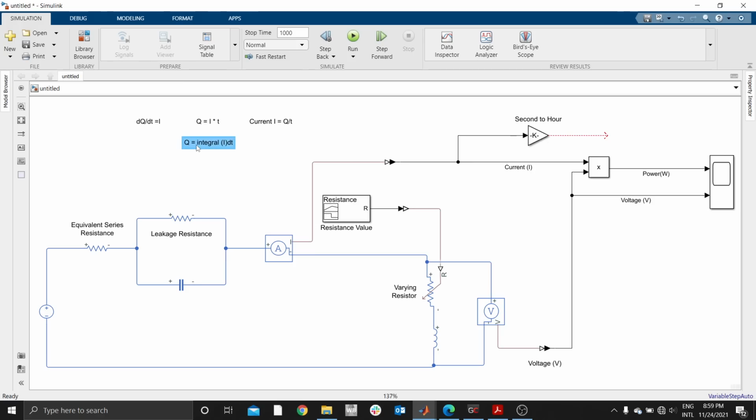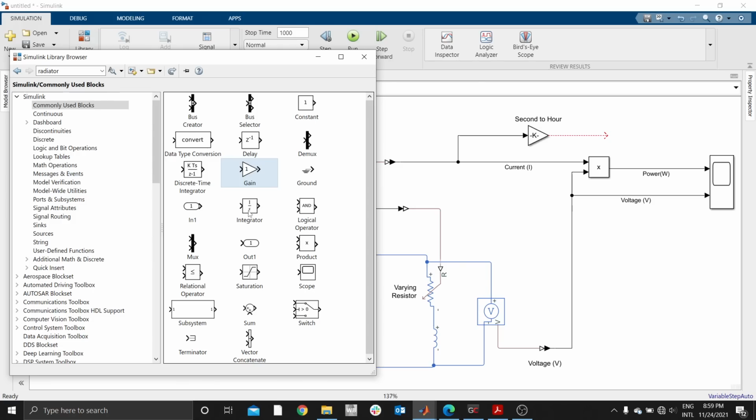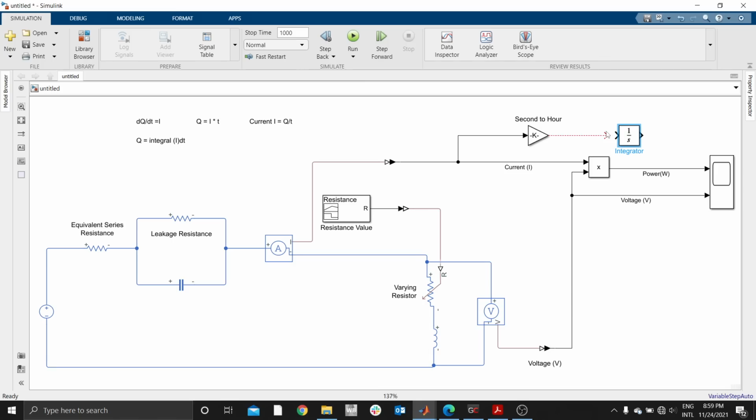I hope you have understood the concept. Just know that Q equals IT, but for us to get now the charge here, we need to integrate current with respect to time. Okay, therefore you go back to the browser. I'll use integrator 1/s here, like that.